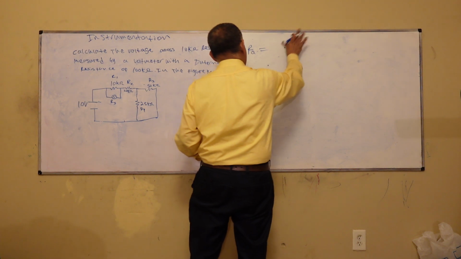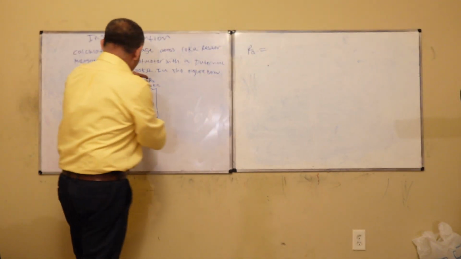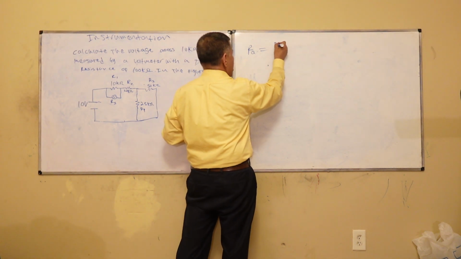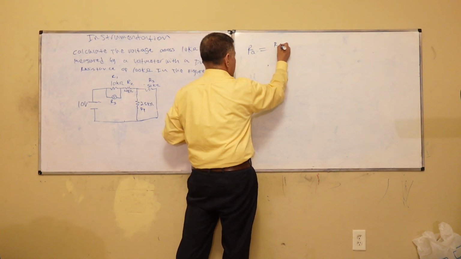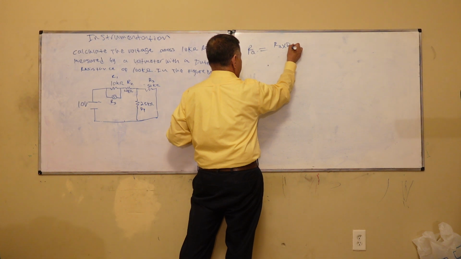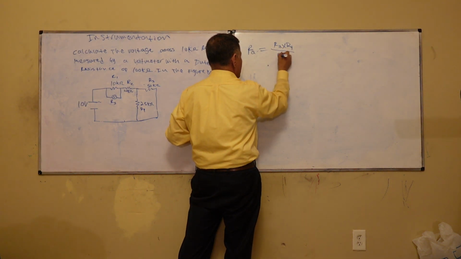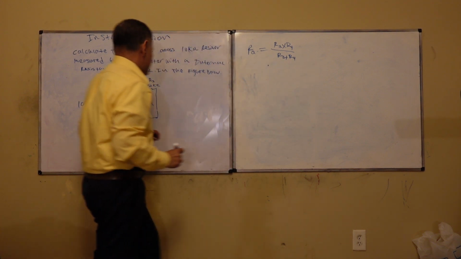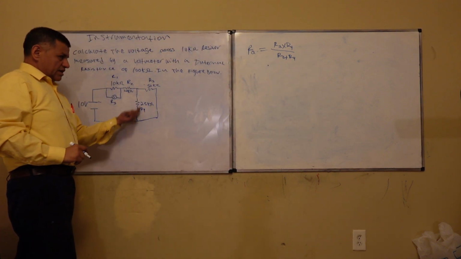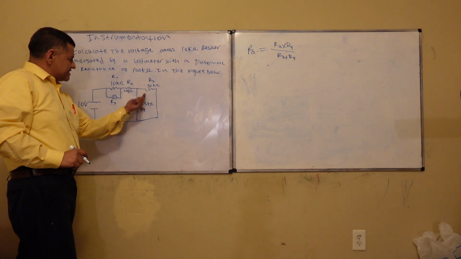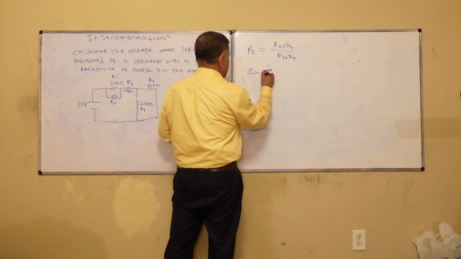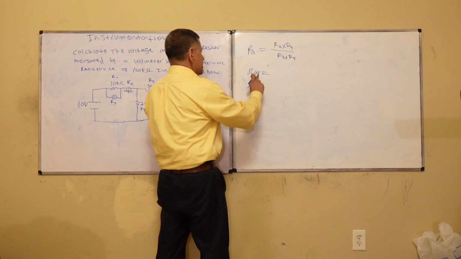Now R3 is in parallel with R4. So R3 times R4 over R3 plus R4, right? So that is that step.